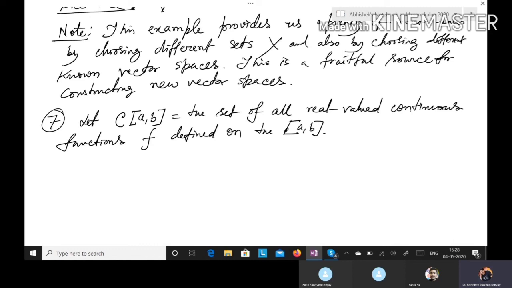Then we must attempt to define addition and scalar multiplication. So what is vector addition?